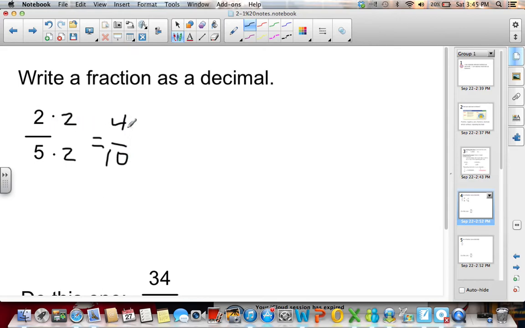So 2/5 is equivalent to 4/10, and we know that 4/10 is equal to 0.4, because the first value after the decimal point is tenths, so we would read that as 4/10.